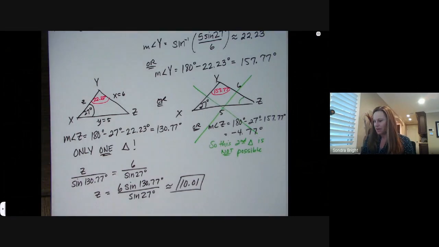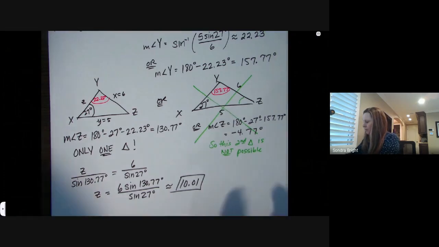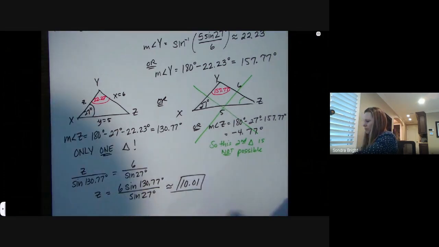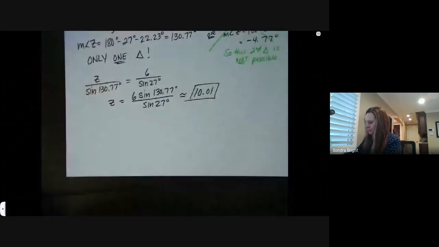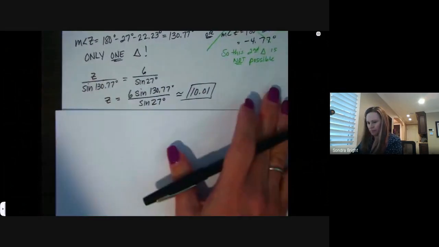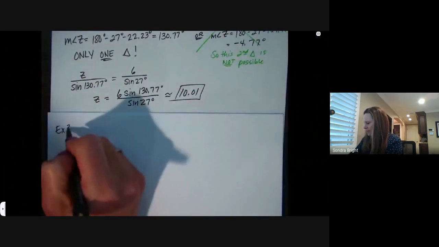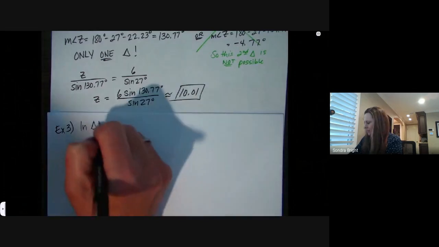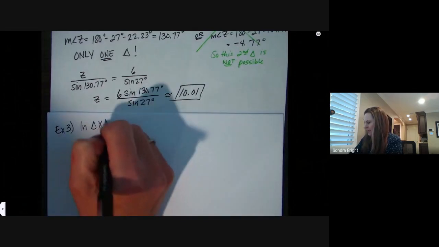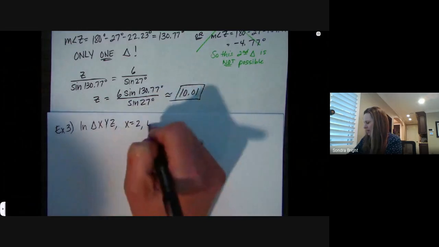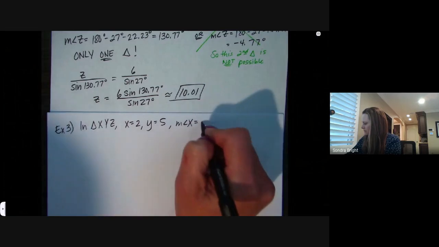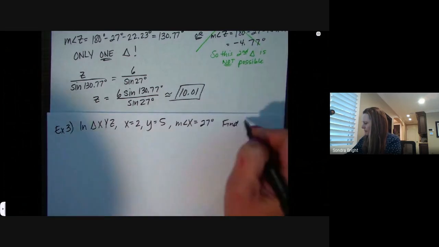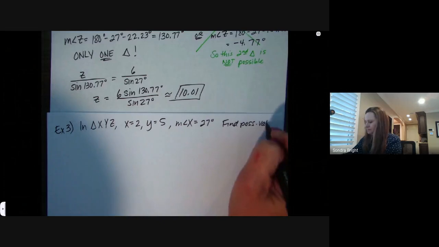Okay, one more example. In triangle XYZ, side x is 2, side y is 5, and the measure of angle x is 27 degrees. Let's find the possible values of side z.